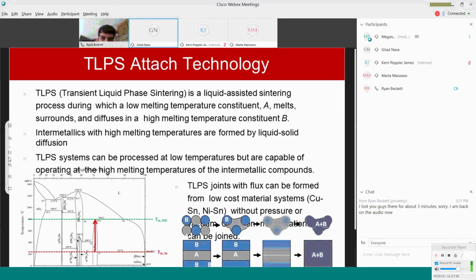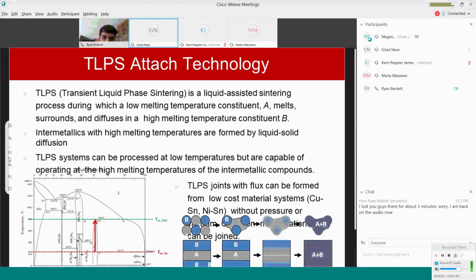We melt the low temperature one and allow the still solid high temperature metal to react with the liquid low temperature metal to create a compound that then solidifies and has a melting point that is somewhere in between the higher and the lower melting point of the two constituents that it's made of.